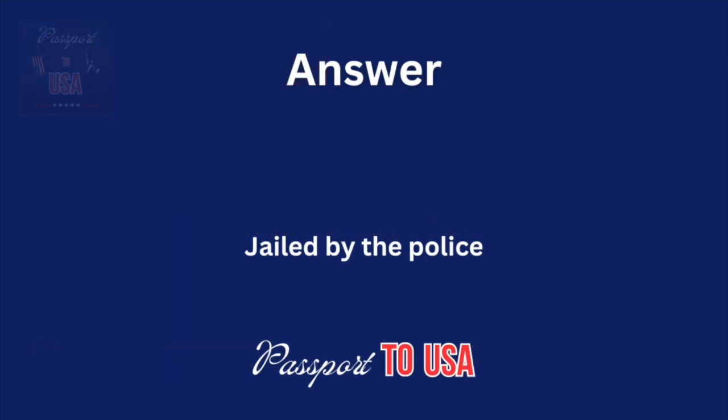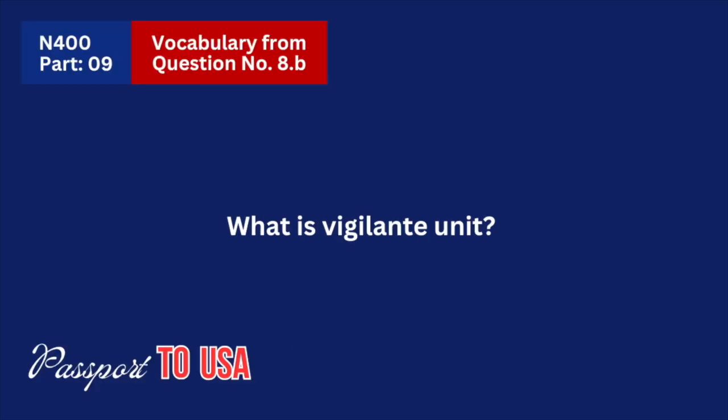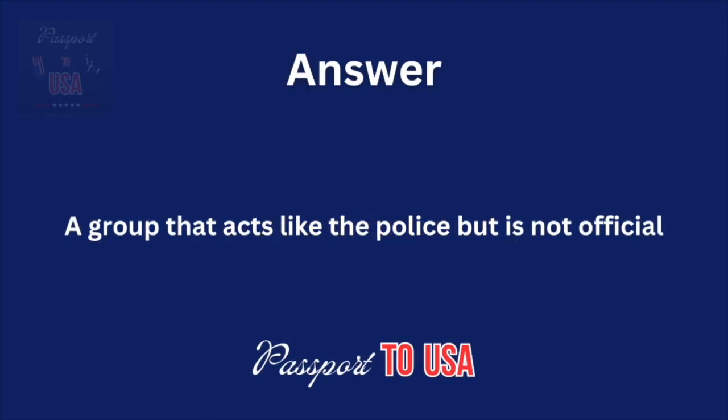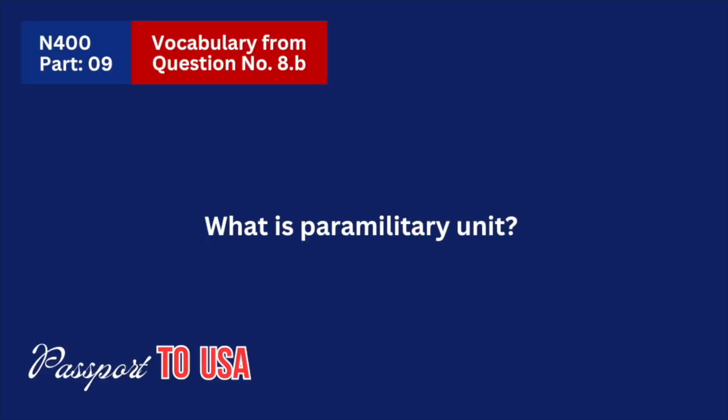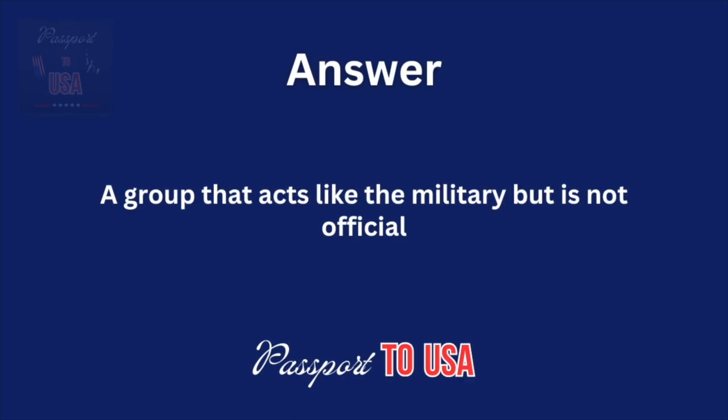Jailed by the police. What is vigilante unit? A group that acts like the police, but is not official. What is paramilitary unit? A group that acts like the military, but is not official.